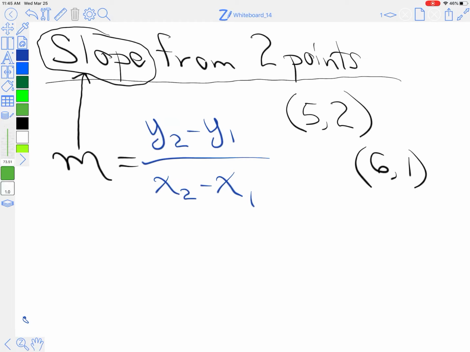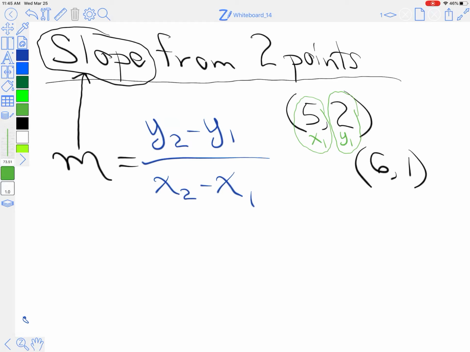And the first thing I would do with those is I would just label them, say that this is my x1 and y1. This is just my x value from the first point, and this is my y value from the first point.